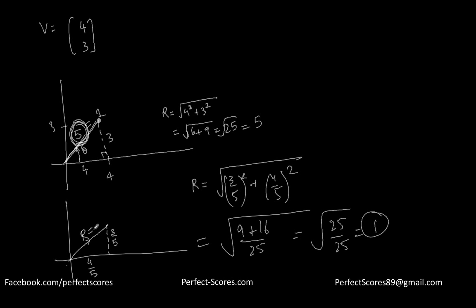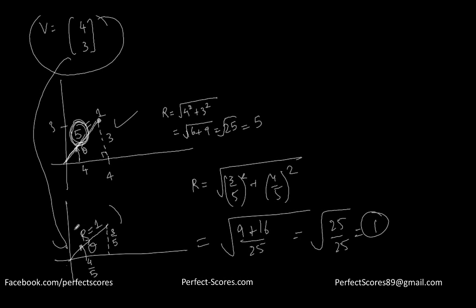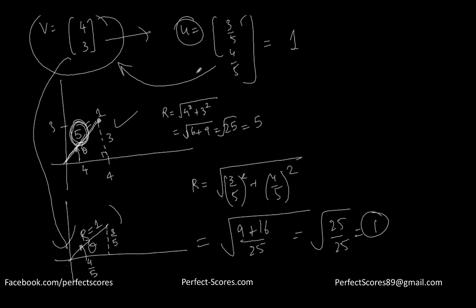That means now this vector has a magnitude of 1 and it has the same direction as the earlier vector. That means what we have done is we've converted this vector into its unit vector. So the unit vector u is going to be 3 by 5 and 4 by 5. So that means a unit vector u has a magnitude of 1 and has the same direction as this vector.